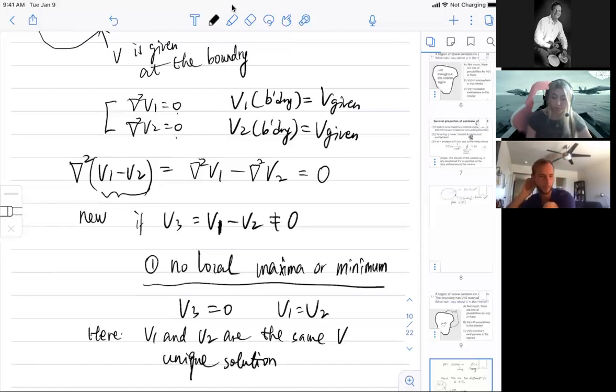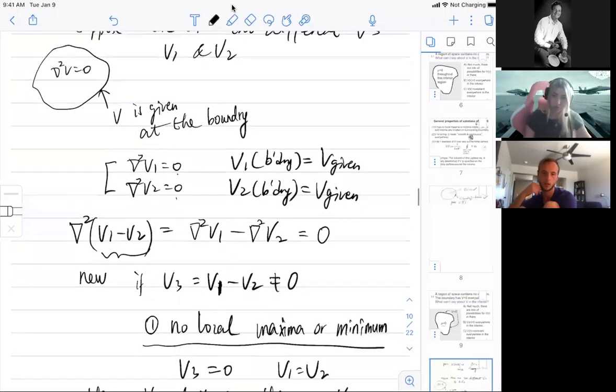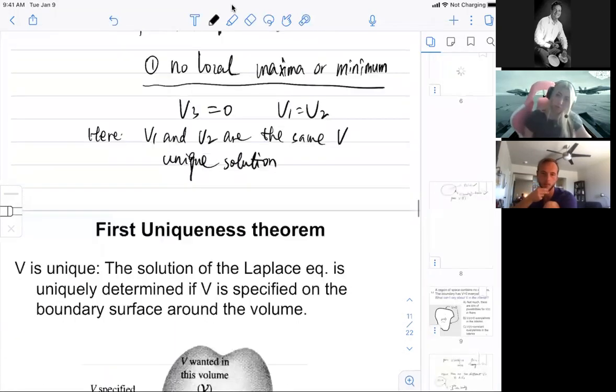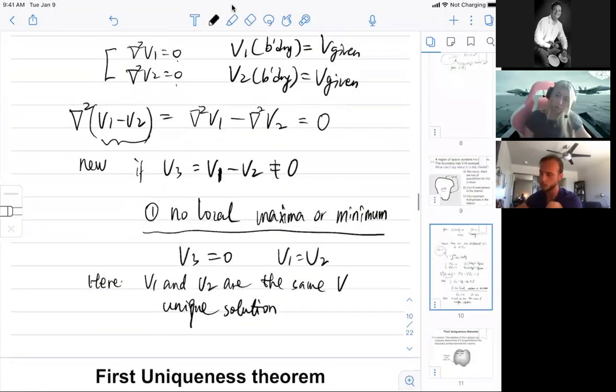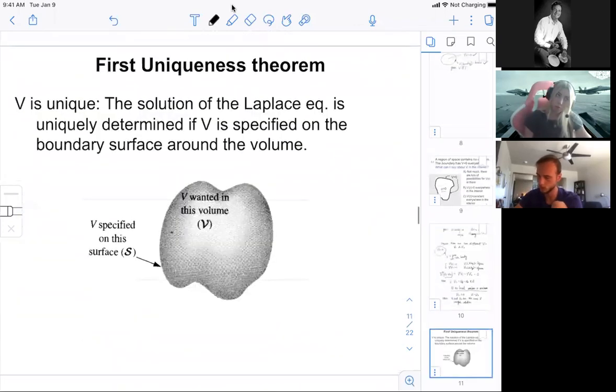And the potential solution we got must be the only solution possible. So that's a short proof of the uniqueness theorem. The first uniqueness theorem is the one we just saw: the solution of the Laplace equation is uniquely determined if V is specified on the boundary surface around the volume.